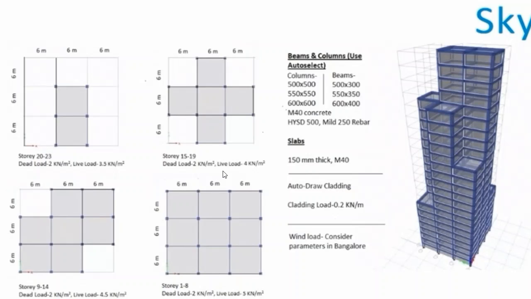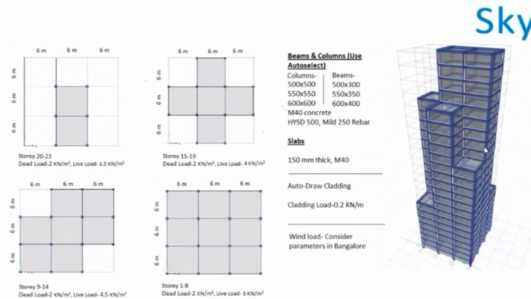For stories 15 to 19 the live load is 4 kilonewton per meter square, and for the 20th to 23rd story the live load is 3.5 kilonewton per meter square.